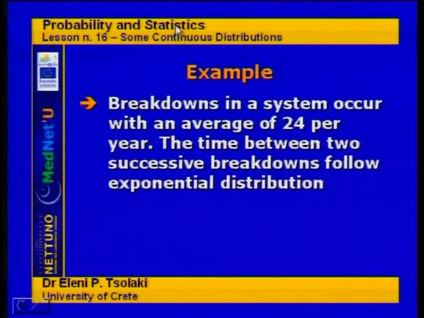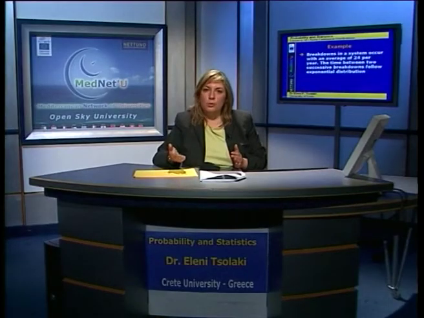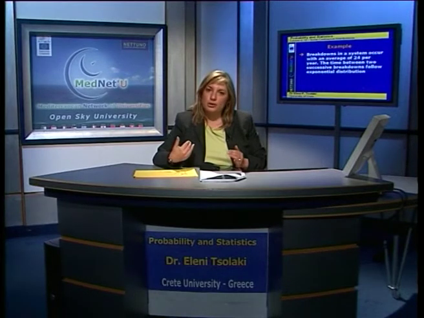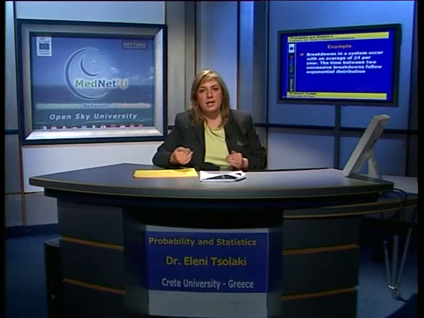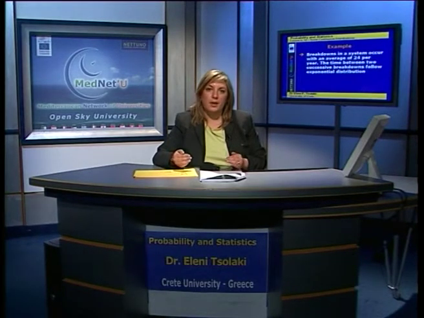So let's see an example. We have breakdowns in a system that occur with an average of 24 per year. Now, we can assume that these breakdowns follow a Poisson distribution with this rate, 24 per year.